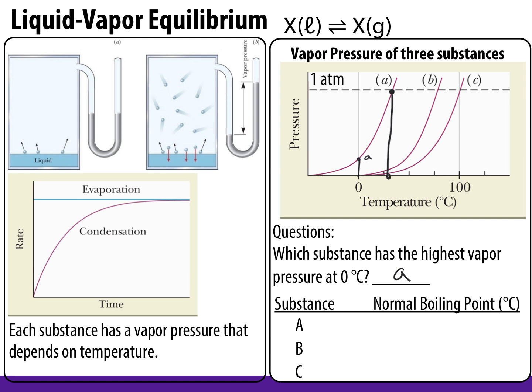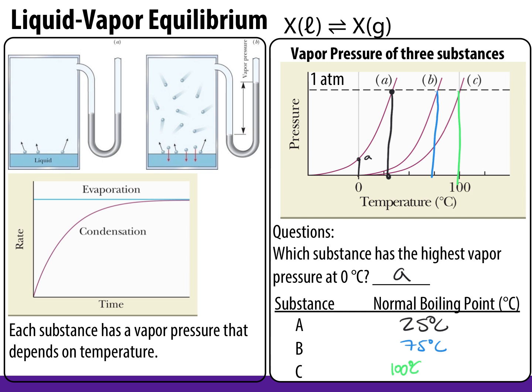If I go down to the x-axis on the temperature axis, I could estimate that at about, these are labeled every 25, so it's about 25 degrees Celsius. The other one's just reading it right off of the graph. B has the next highest boiling point. That looks like it's roughly 75 degrees Celsius. And C, same thing. C looks like its boiling point is about 100 degrees Celsius.